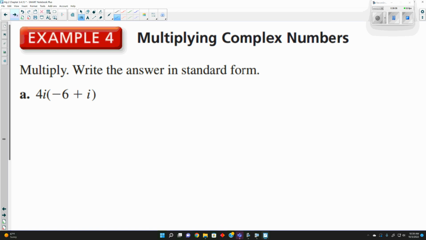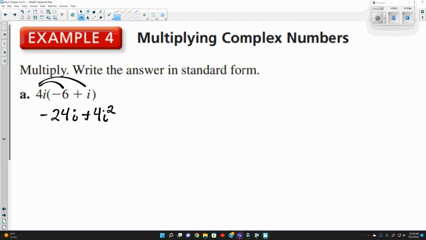Multiply. Now, when we multiply, here we're just distributing the 4i. So, yeah, 4i times negative 6. 4 times negative 6 is negative 24. And we have i. 4i times i is going to be plus 4i squared.